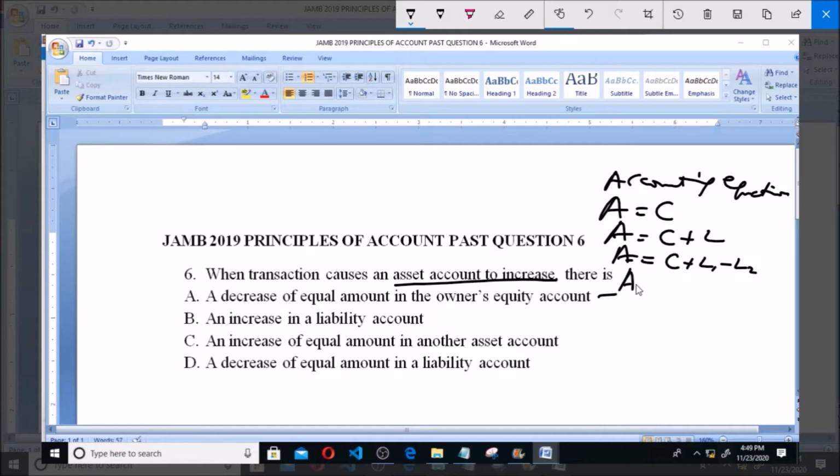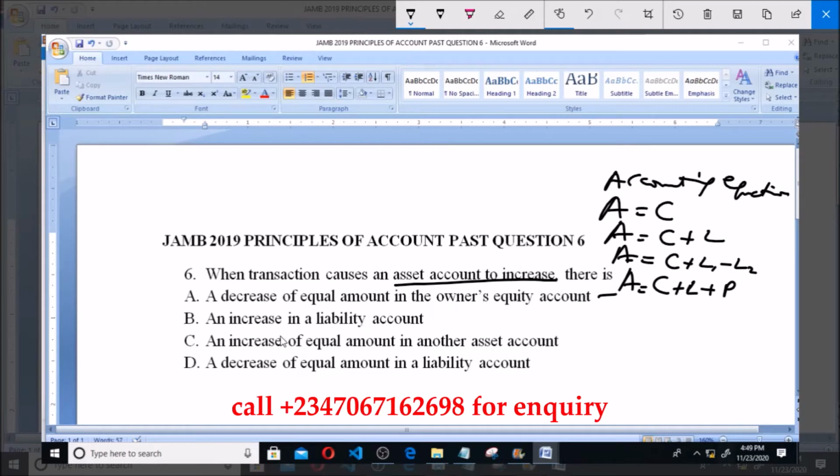That says assets is equal to capital plus liability plus profit. So option A has nothing to do with the increase in capital in asset accounts.